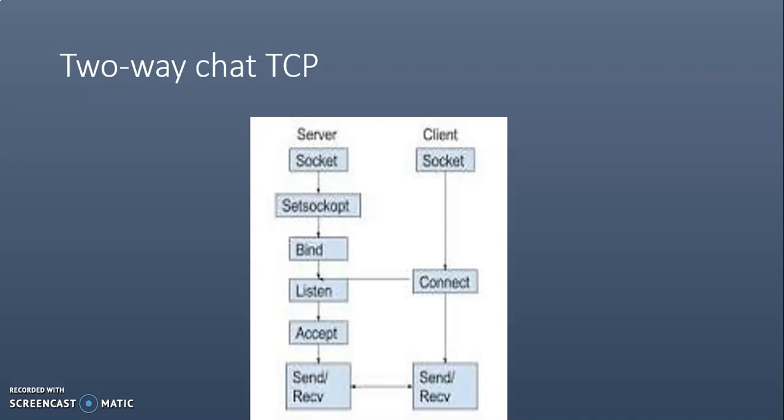Once the server gets that message, the server gives back some other message to the client. This procedure is repeated as long as the client does not say goodbye to the server, or the server says goodbye to the client, so that the chat comes to an end.